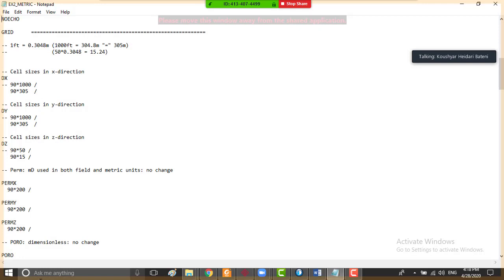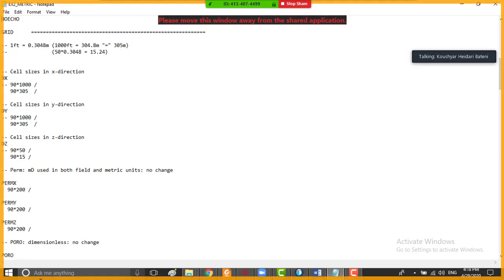Okay, so you specify some basic geometrical properties of the reservoir that you're simulating, and you also input the rock properties data.